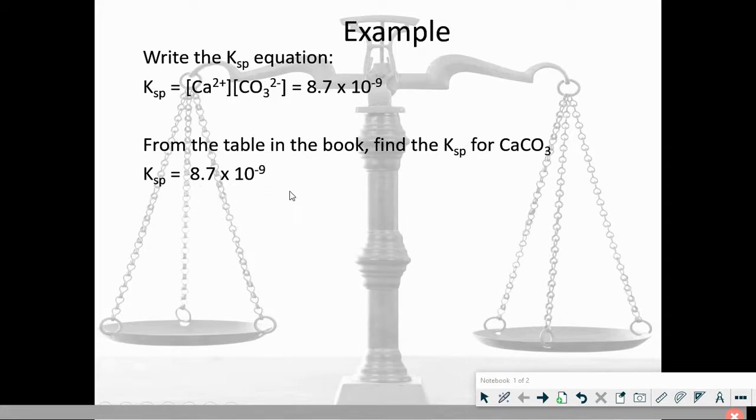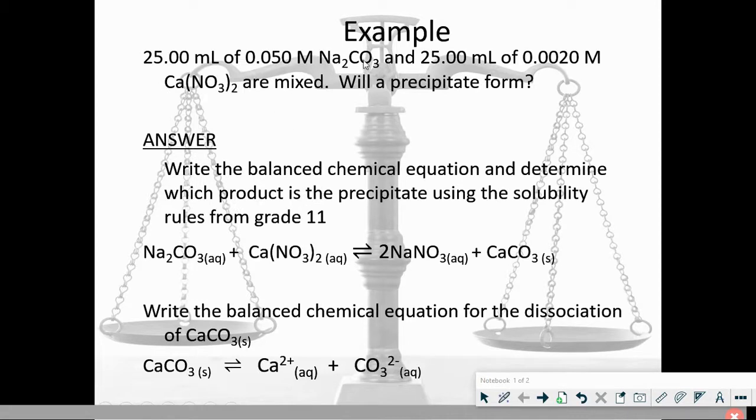So this is where it gets tricky. Now remember, you are mixing two different solutions. So when you mix them, the concentrations will change. What we're particularly interested in is the ions, calcium and carbonate. What are the initial concentrations of these two ions after you mix them? So you would think that, okay, carbonate must be 0.050 molar and calcium must be 0.0020 molar.